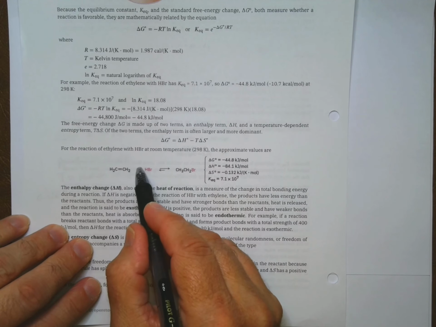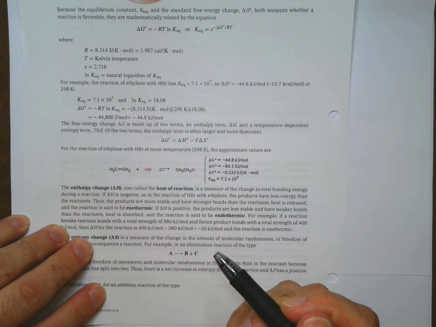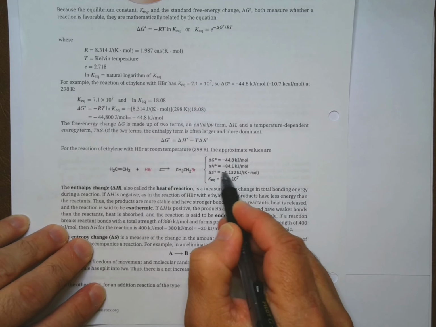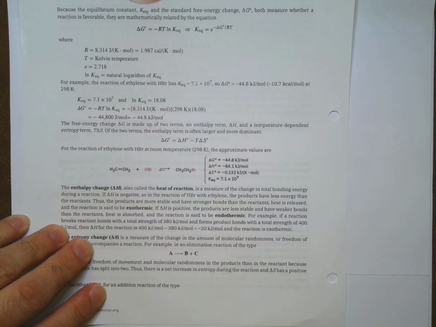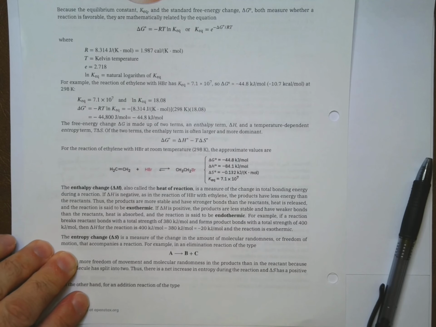More moles of gases is greater entropy. So I might be releasing a bunch of heat, but because we lose some entropy, our overall energy change isn't as great as just the enthalpy change.